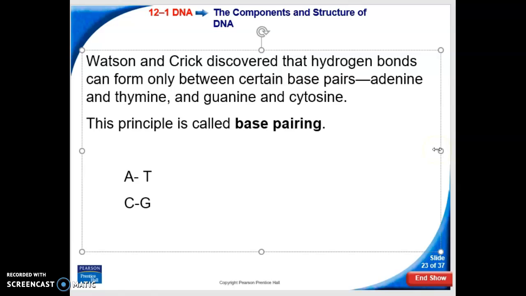And it can be flip-flopped also. So when I say you can flip them, you can also have thymine on this side and adenine on the other side, or vice versa, guanine on this side and cytosine on this side. You just always have to make sure those nitrogen bases are pairing together.